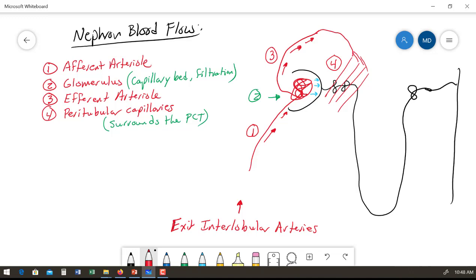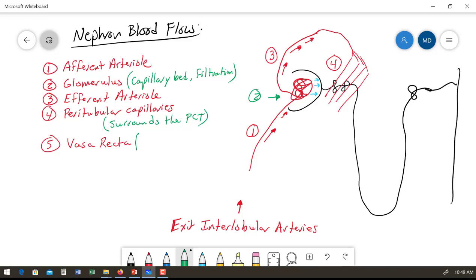Next, from there, this blood continues to flow, and it flows into a capillary bed called the vasa recta. Now, the vasa recta is really a continuation of the peritubular capillaries, and you may hear it called that. But I like to split it out because it does have a slightly different function.